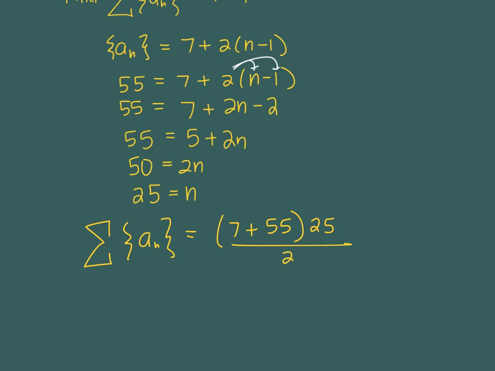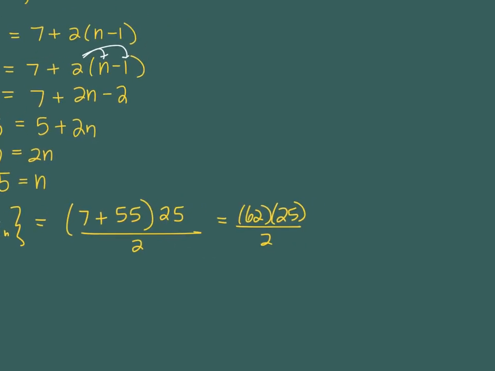Okay, well, let's see what that turns out to be. 7 plus 55 is 62 times 25 over 2. Now, before I do the multiplication, I usually like to reduce if I can. So I'm going to reduce 2 into 62 and get 31. So I'm left with 31 times 25. So I get 775.